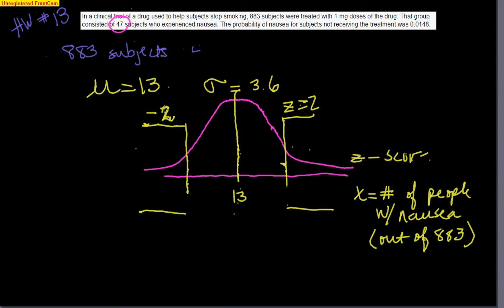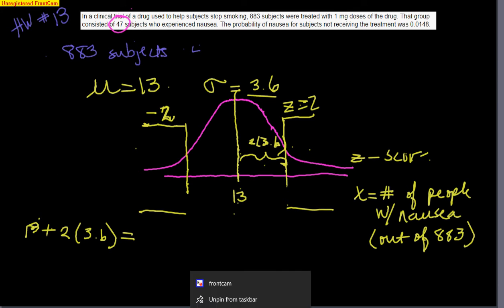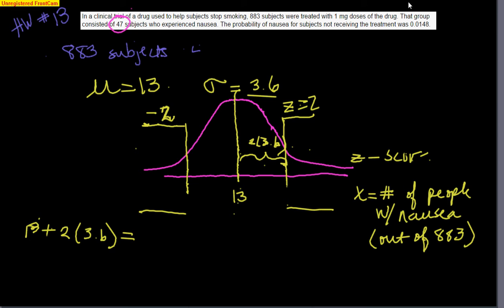All right, well, we know this is 2 standard deviations away, so it's going to be 2 times our 3.6, which is 1 standard deviation for this particular problem. So what is 13 plus 2 standard deviations of 3.6? That is going to equal 20.2.